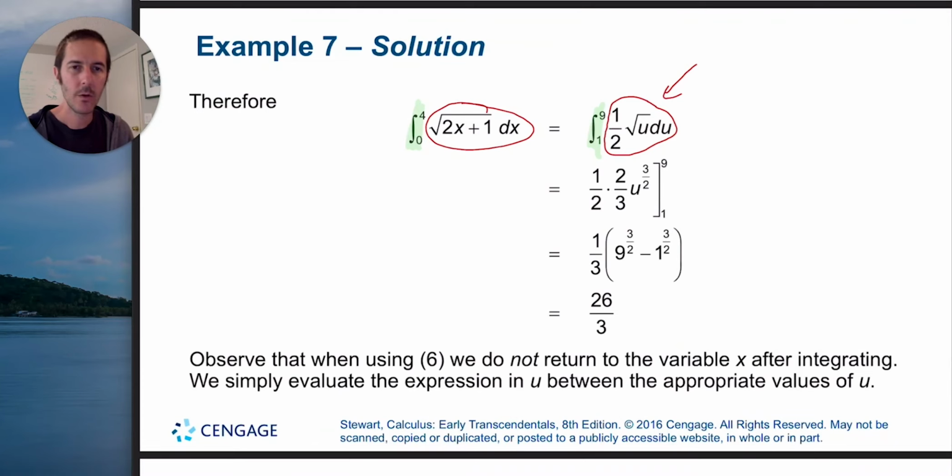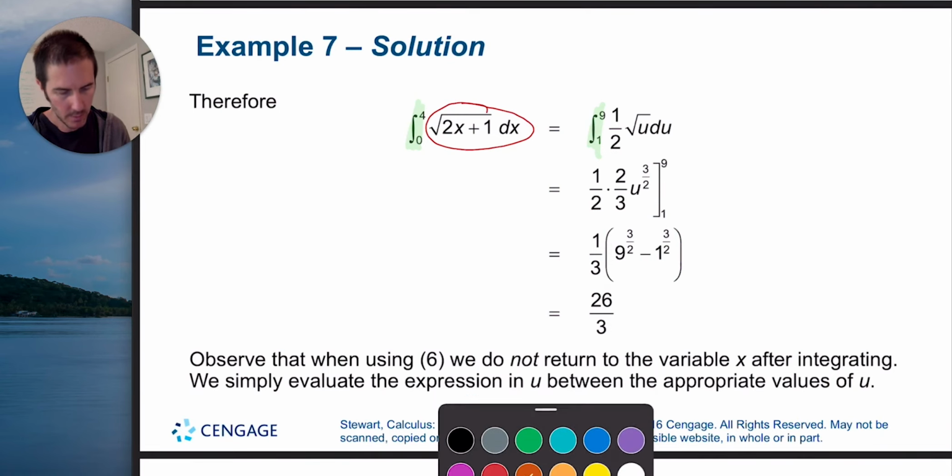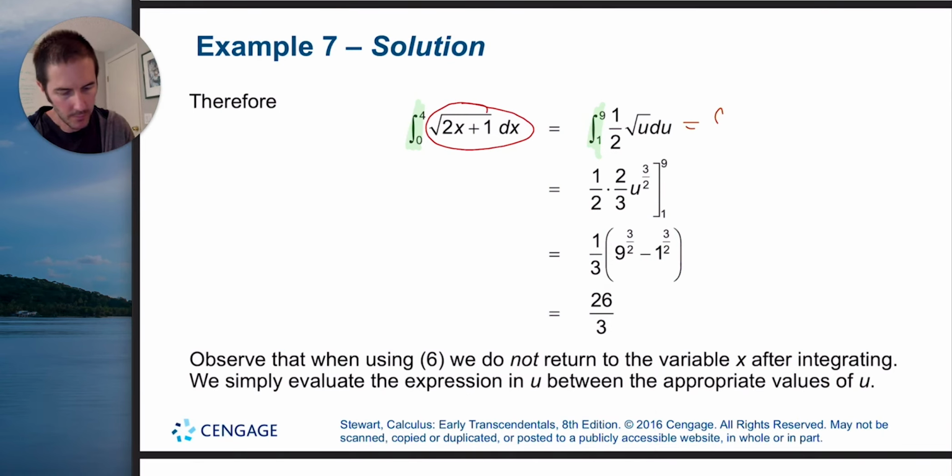And now we can proceed with our integration. The one modification that I would make, of course, is to rewrite this as the integral from 1 to 9. I'd pull the 1/2 out front, and I would write this as u to the 1/2 power du.